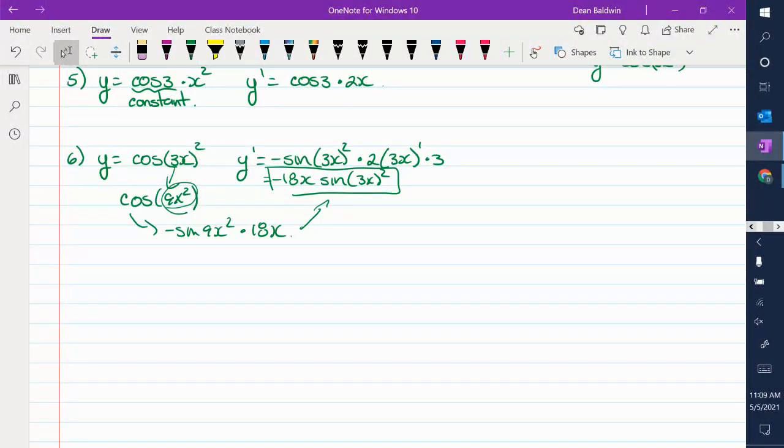All right, I got one more to do, and then we're done. So the trig ones can get a little ugly. Cosine of the square root of sine pi x.